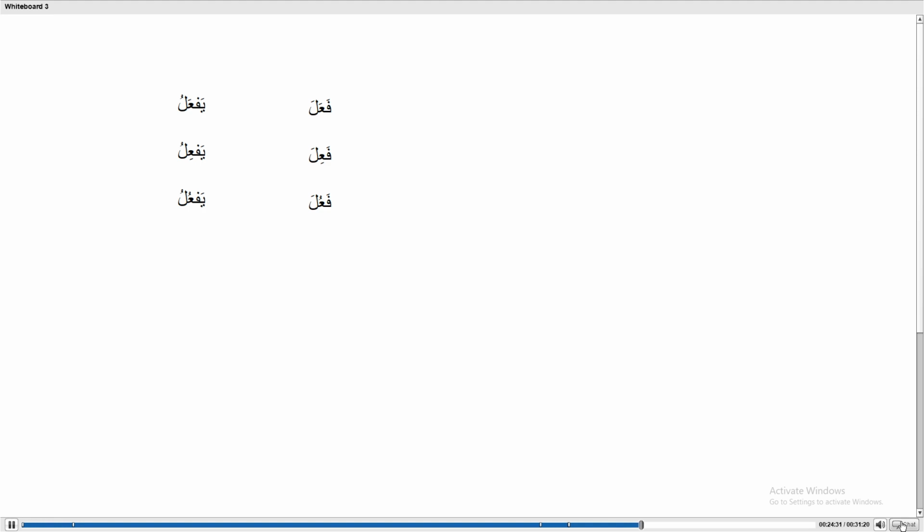He said, الثلاثي. الثلاثي is a three-letter verb. المجرد, free from any extra letters. Clear? So the three-letter verb is only three. Only three forms. No other form is there for the three-letter verb.